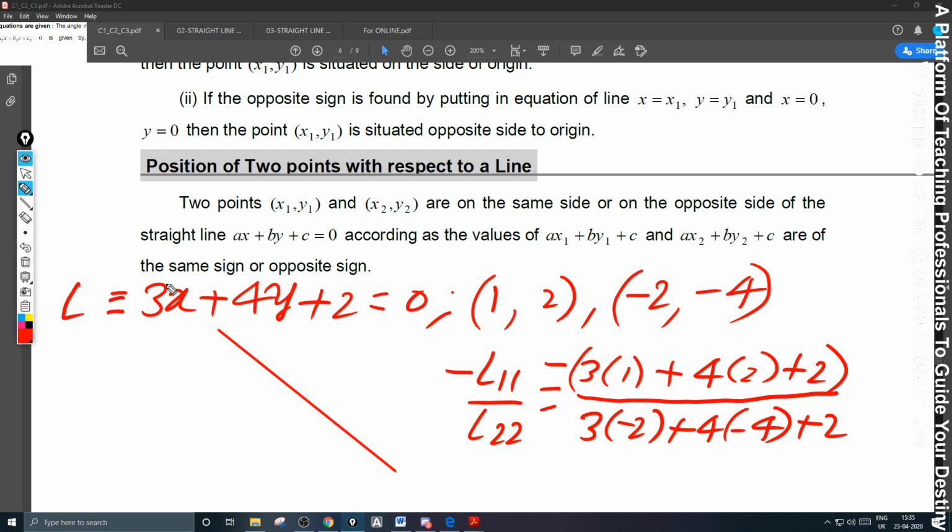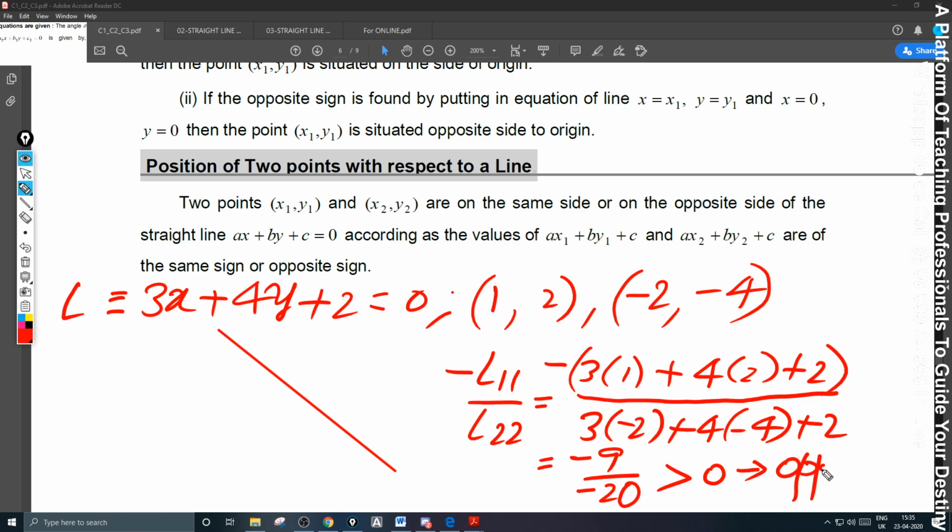Don't forget. Now tell me the numerator value. It is 3 plus 8, 11 plus 2, 13. Minus 13 divided by minus 6 minus 16 plus 2, minus 20 finally. Whether it is positive or negative? Positive, and hence they lie on opposite sides of the line.